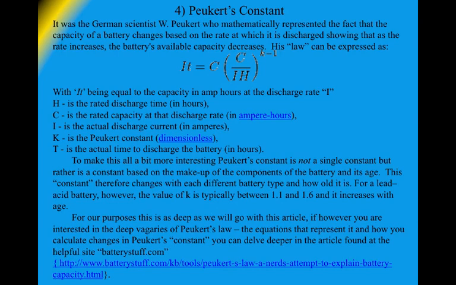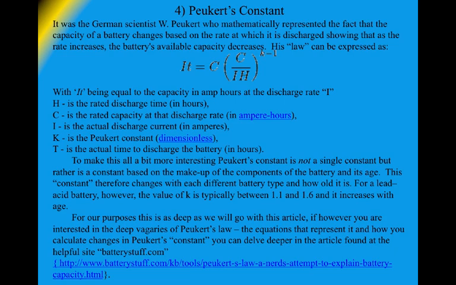Now this was the great German scientist W. Peukert, and he mathematically represented the fact that the battery's capacity changes based on the rate at which it is discharged. His law can be expressed as I_t equals C times (C over I·H) to the k minus 1.